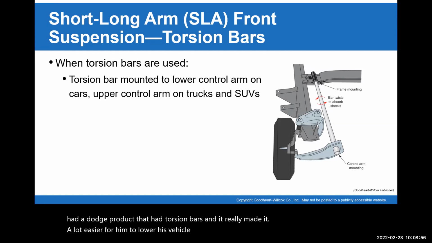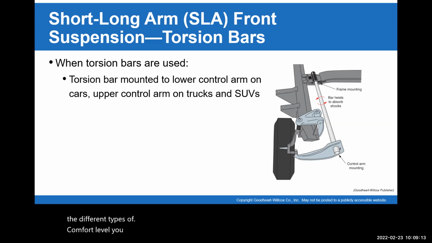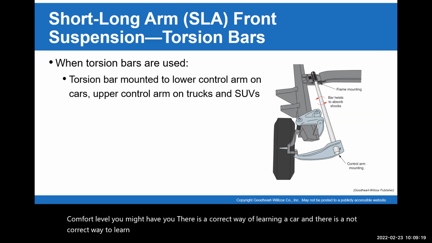He would release the pressure on it, but then it gave it a very bad ride. So when you start lowering without taking into consideration the comfort level you might have, there is a correct way of lowering a car and a not correct way, and I'll try to cover that as we go along in the semester.